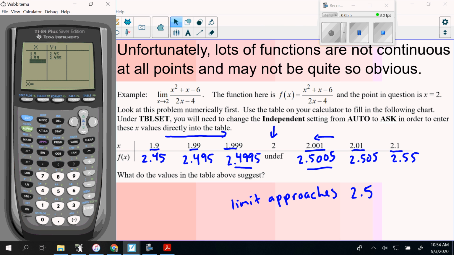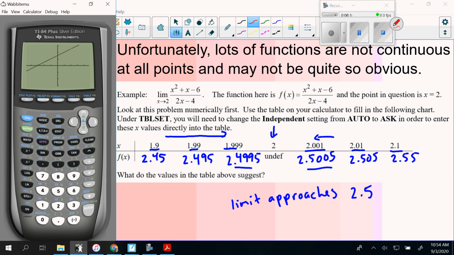Well, let's go to the graph here. So I'm going to go back to our calculator. Let's graph it. And for this one, I'm going to hit the zoom button in the middle. We're going to use this number 4 one, the decimal graph, and see what is happening at 2. So if we locate where 2 is, which is right 2 spots away, and we follow it up, you can see on the graph there it appears to be a hole there.